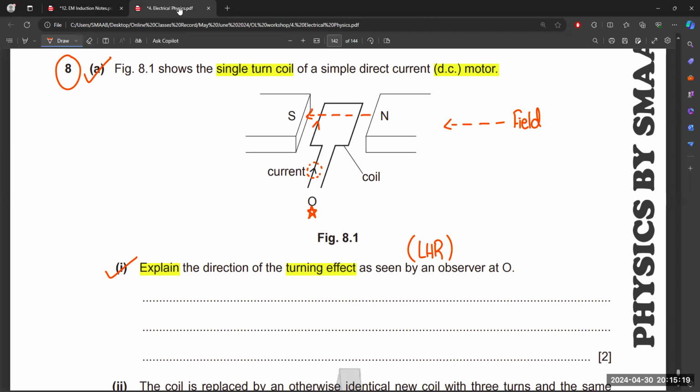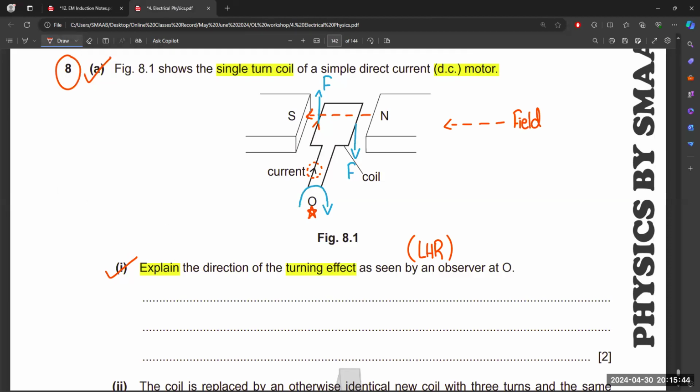So force applied on the coil on the left hand side will be upward, and force on the other side will be applied in downward direction. So it will rotate like this. From the left hand side, it will rotate in upward direction. From the right hand side, it moves in downward direction. So there is clockwise rotation.